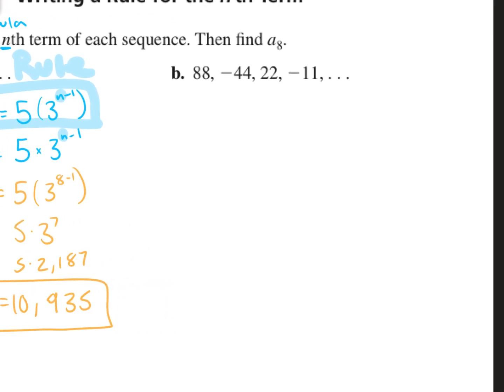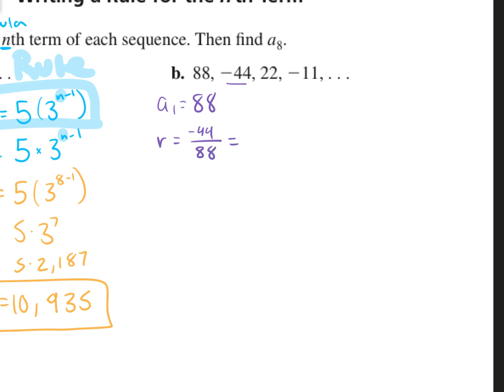So first thing we're going to do is write our rule. So I need to figure out what our first term is and our common ratio. So what's my first term here? 88. How can I find the common ratio? We do the second term divided by the first. So negative 44 divided by 88.